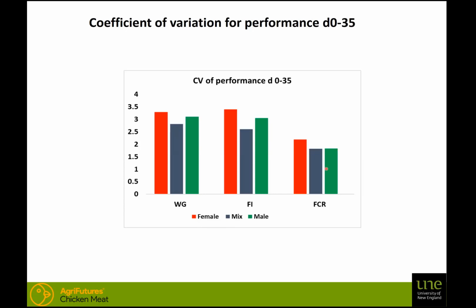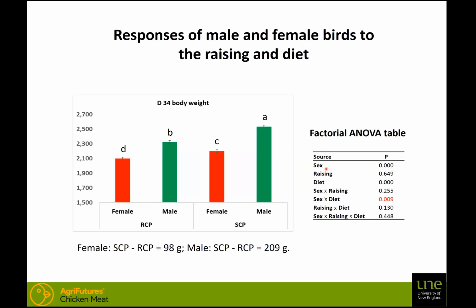So it's pretty equivalent. Now, if we look at the individual birds at day 34, the female birds and male birds have different body weight, and also the reduced protein level has lower body weight at day 34 for individual birds as well.